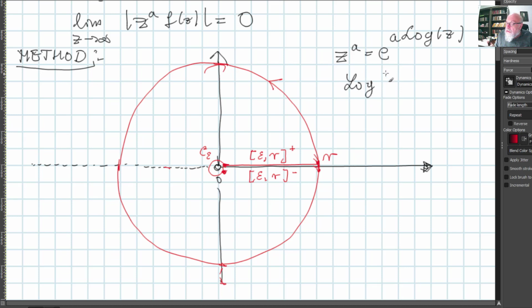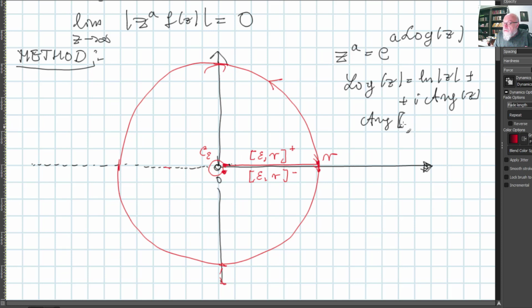Log of z is equal to ln of the absolute value plus i times the argument of z, and the argument is chosen from, okay, where? So that is angle 0, and this one is angle 2 pi. So from 0 to 2 pi.